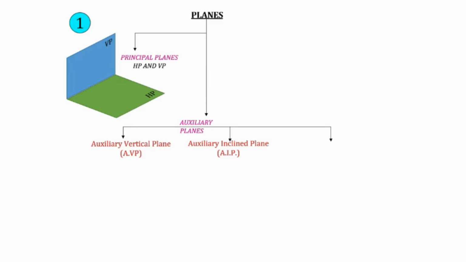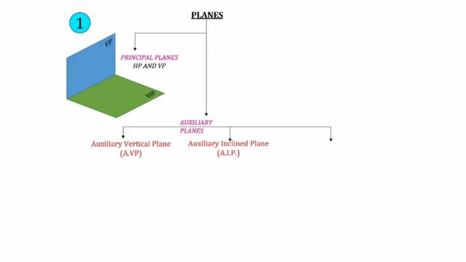Do you have an almirah in your room? If there is an almirah in your room, you just tilt it in such a way that it makes some particular angle with the wall. Or even the door can be made like an auxiliary vertical plane.